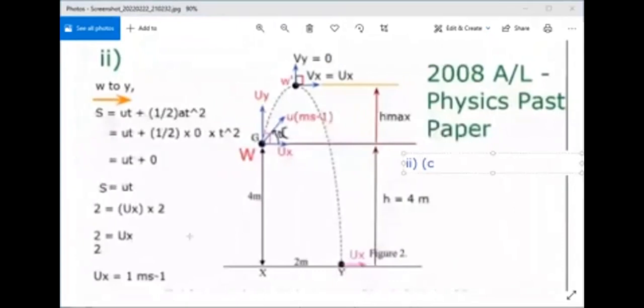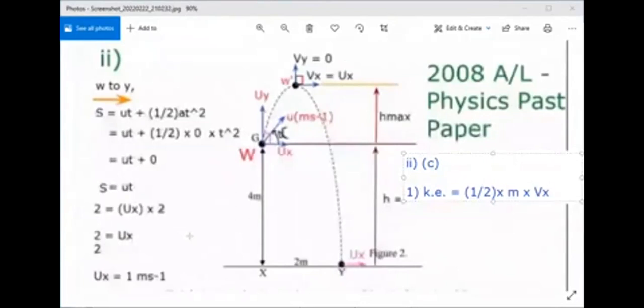Part C. The first thing they ask is the translational kinetic energy, which means linear kinetic energy. You should write the complete kinetic energy term, but I write just KE equals half m Vx squared, because there is only one velocity component since Vy is 0.